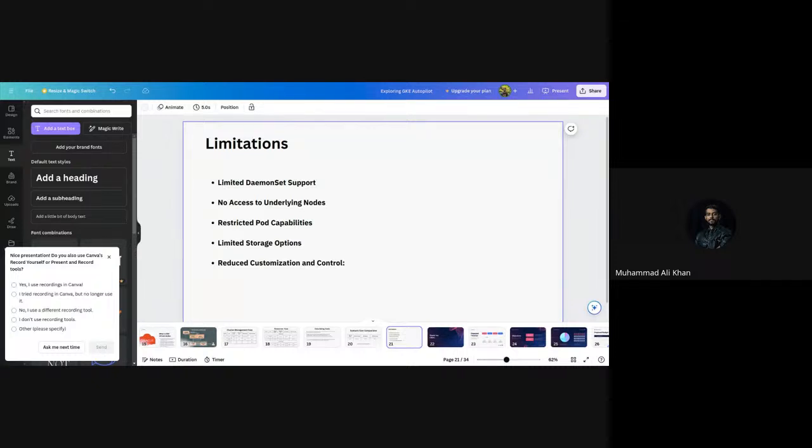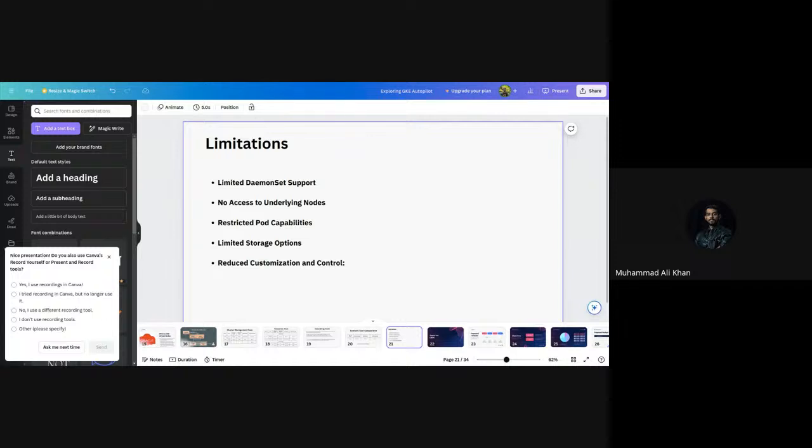Whenever we are creating our pods on the serverless offering, we can't create privileged pods. So if we are using any privileged pods for our application requirements or infrastructure requirements, privileged pods are not allowed on all of these serverless offerings.